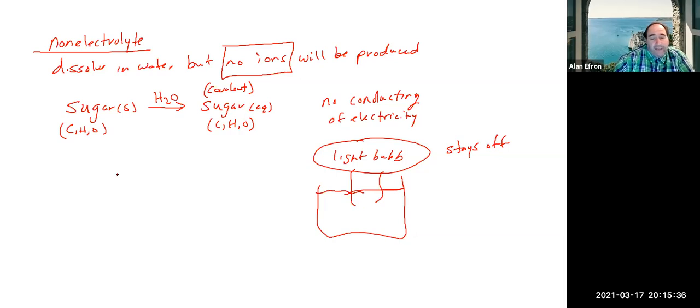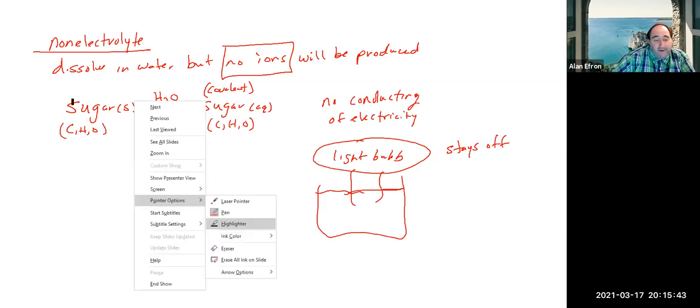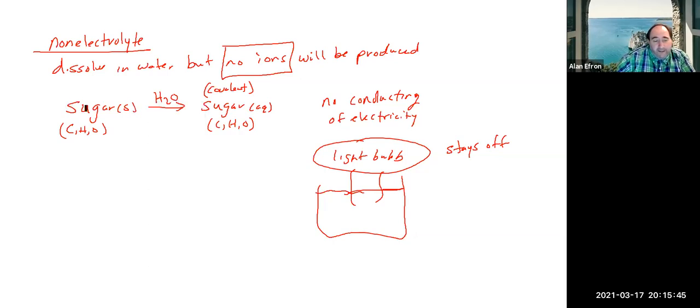So how could you recognize something that's a non-electrolyte from the other two? The key actually comes here when you look on the left-hand side and you look at the right-hand side. It's the exact same thing. It stays together. Everything's the same. There's no ions on the right-hand side, and that's a way you could recognize it.